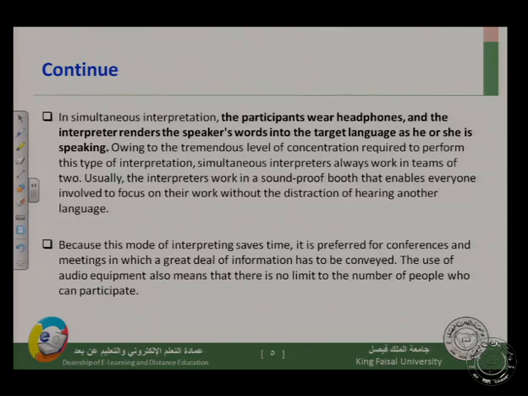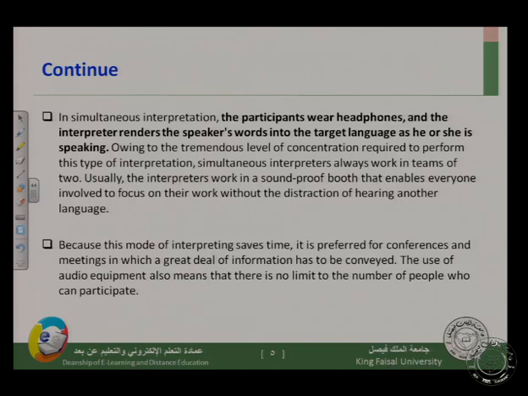I was taking a look at all the technical equipment and headphones, and there was a nice screen, and I saw all the conference participants in front of me, and the people delivering the speech.